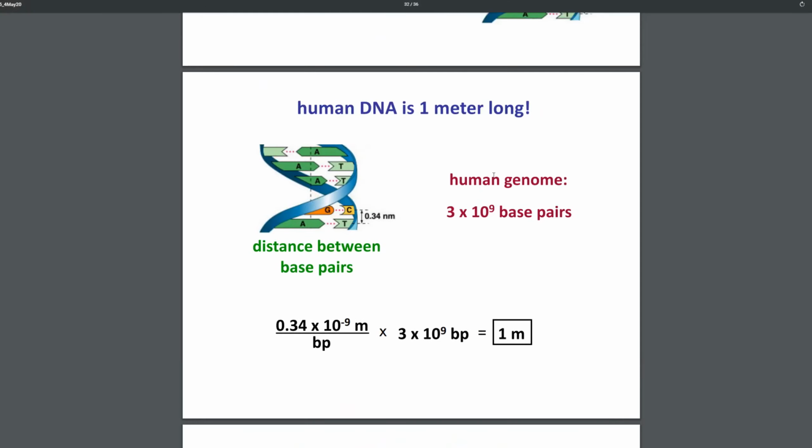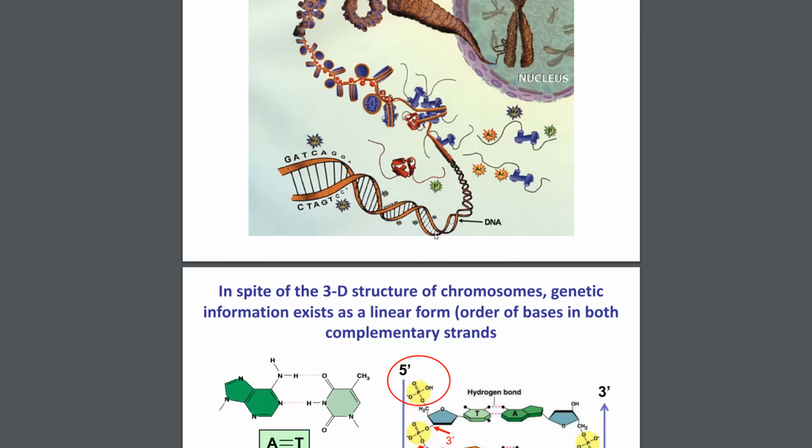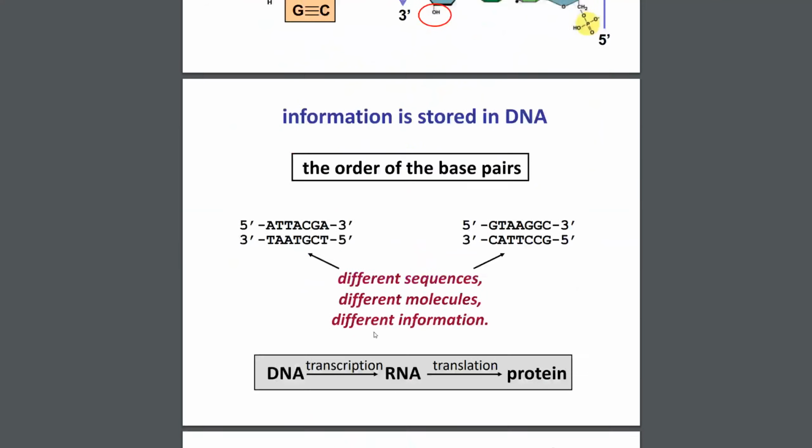A meter long, in terms of fitting into each individual cell, is incredibly long, which is why DNA has to be packed into chromosomes. Chromosomes essentially take our double helix structure and compress it as far as possible to fit within the super small areas in the cell.